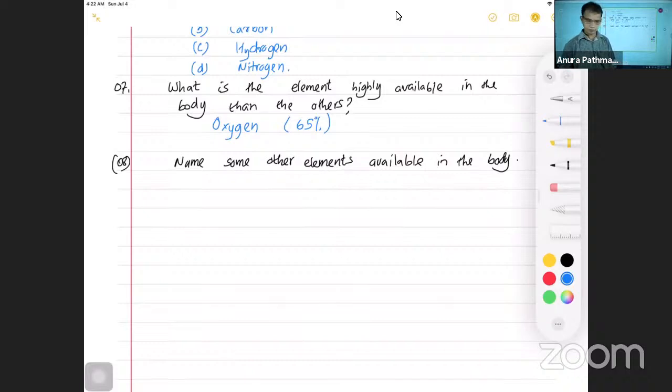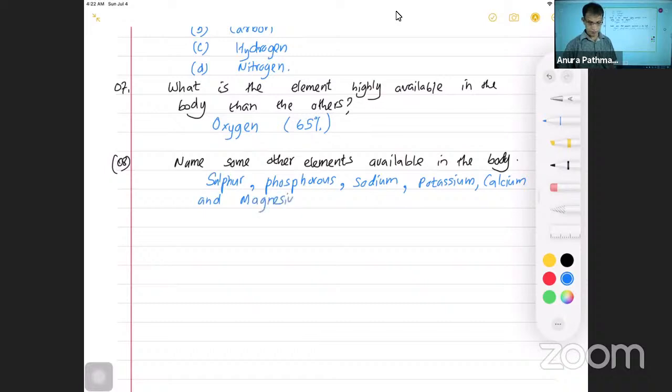They are sulfur, phosphorus, sodium, potassium, calcium, magnesium, chlorine, and iron. Some of the other elements available.